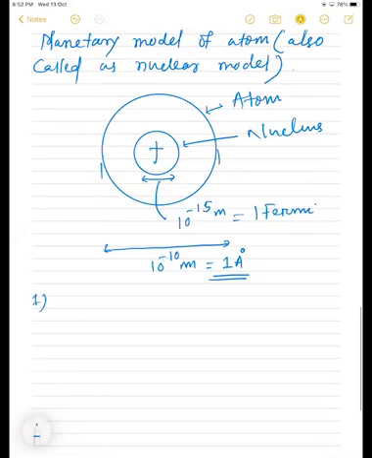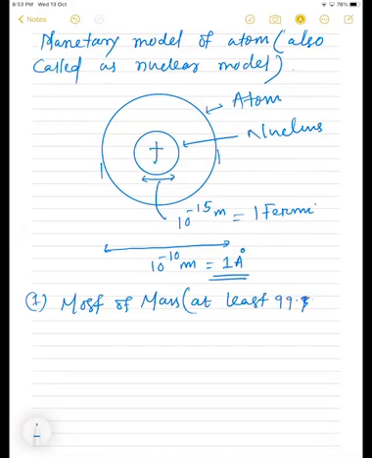Number one observation, this is the theory part we'll complete today.